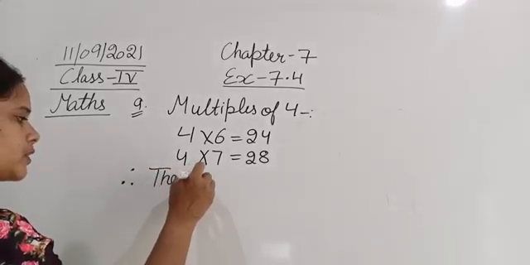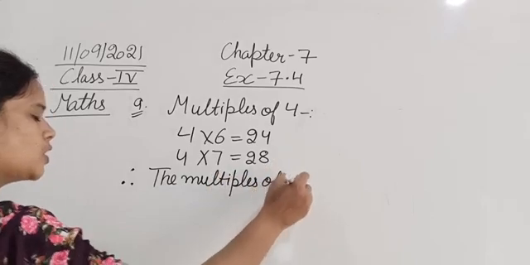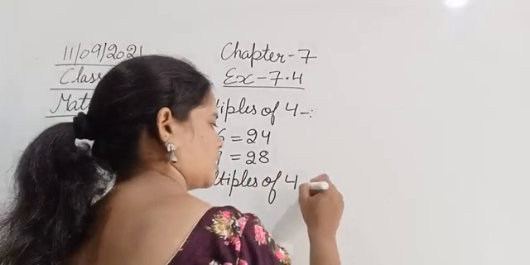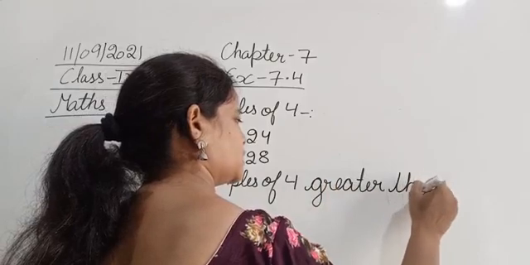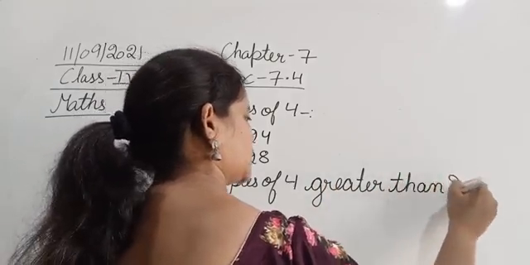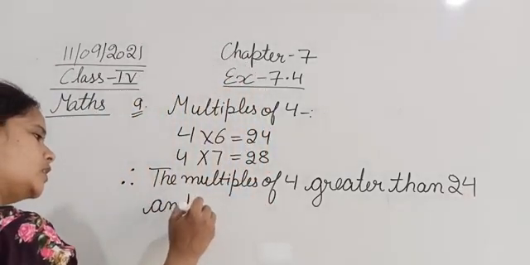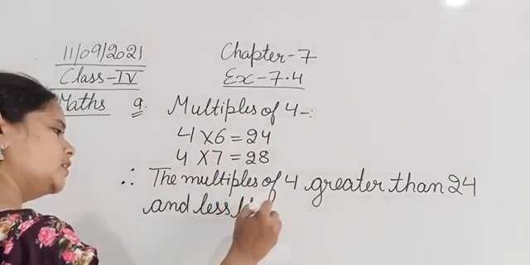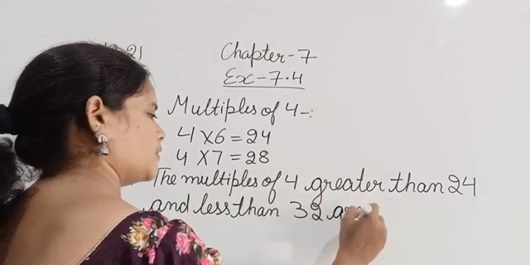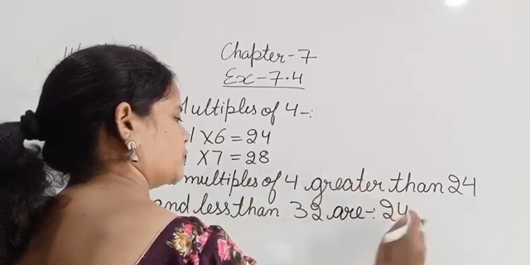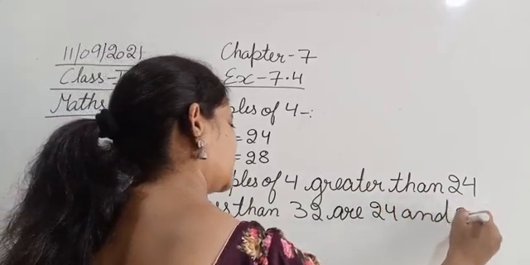The multiples of 4 greater than 20 and less than 32 are 24 and 28.